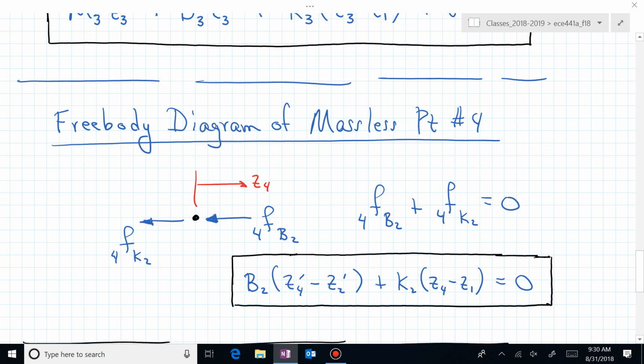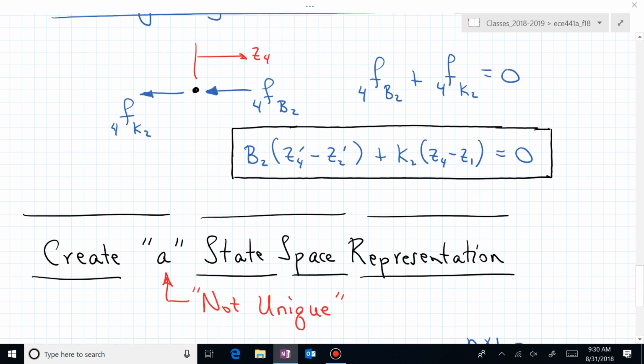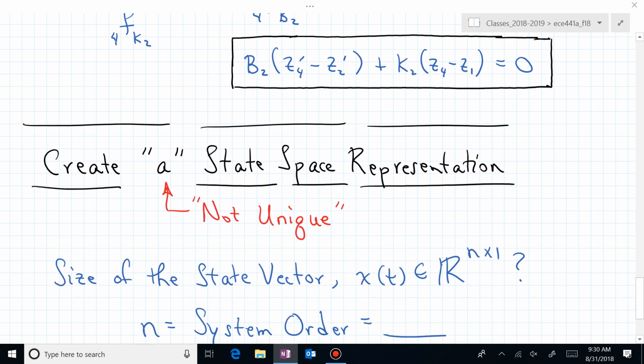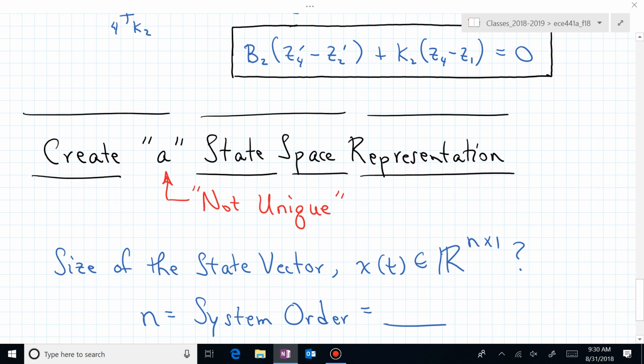What we want to do now is put all of these equations into one state space representation. We want to create a state space representation, and the A is in quotes because we could have 80 different state space representations for the same system. They would be equivalent, but they may be different.